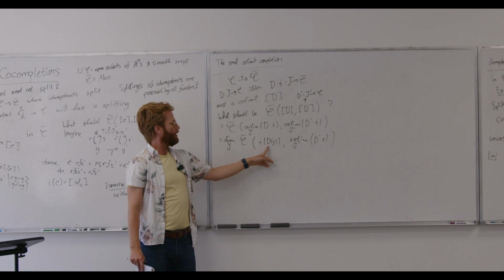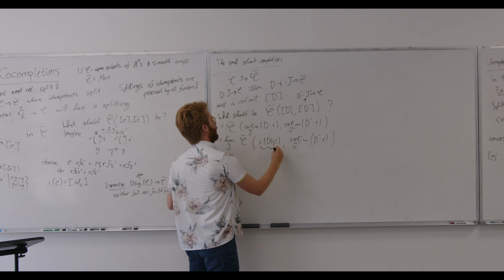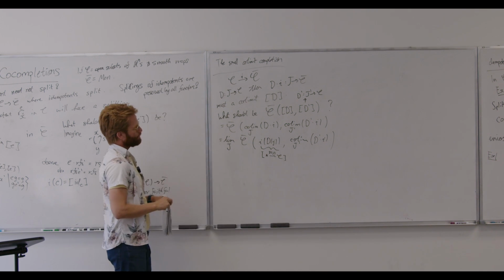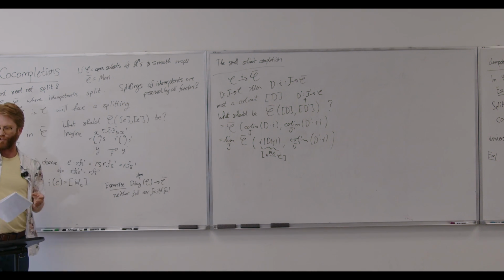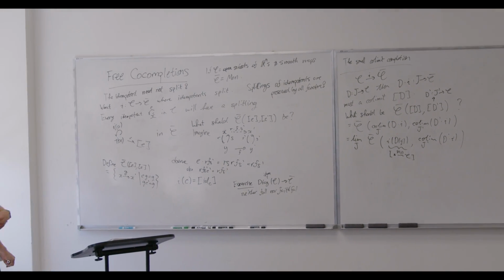This can be thought of as a diagram indexed by the terminal category, mapping the point to D of J. And those are going to turn out to be a dense generating set for this category.